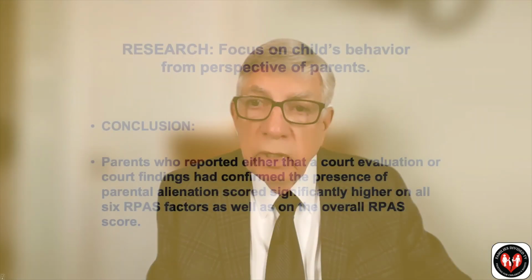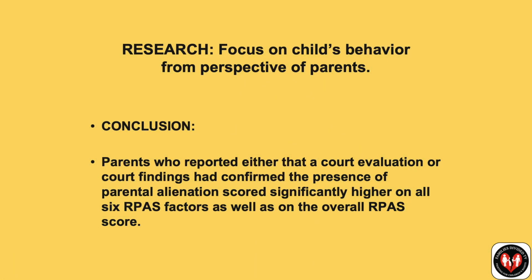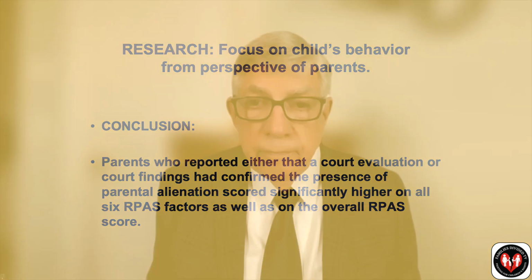So what she found was that they scored significantly differently. In other words, parents who were in the alienated group had high scores on this scale, the Rowlands Parental Alienation Scale, and the other people did not. So that's another way, and once again, it's not something you would do all by itself, but it's something that would be part of a bigger evaluation.